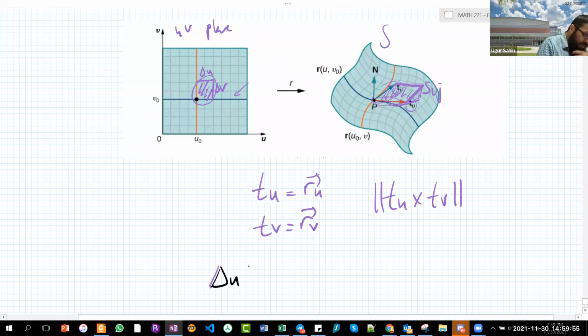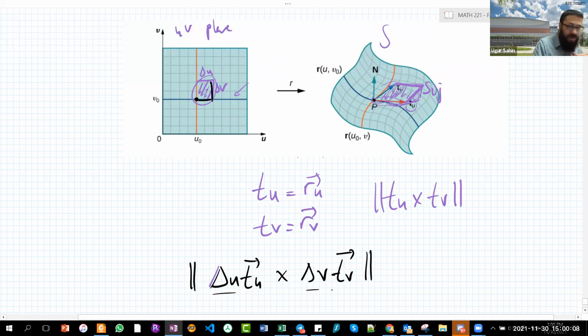I'm going to multiply these vectors by delta U and delta V. These numbers are scalars, just lengths, and these are vectors. I'm going to multiply these two vectors by delta U and delta V just to scale. It still gives me a parallelogram, but a scaled parallelogram this time.